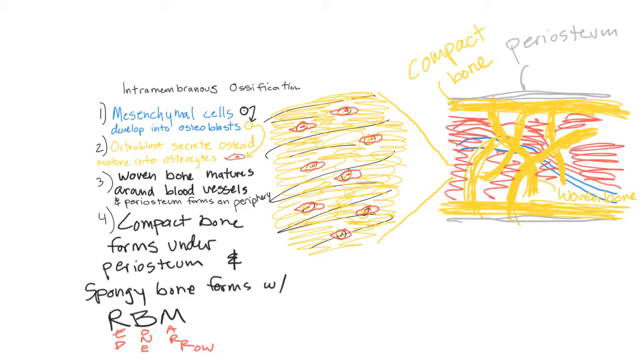Does this kind of bone formation happen in adults or is it mostly in the womb? As the bones are forming, there is some of this going on as you develop from a baby to adolescence, but most of it happens initially in the womb, in utero.